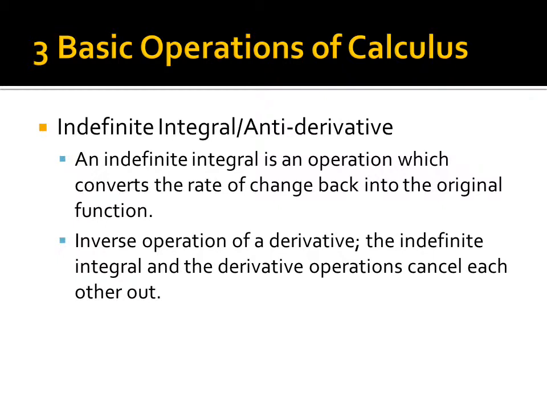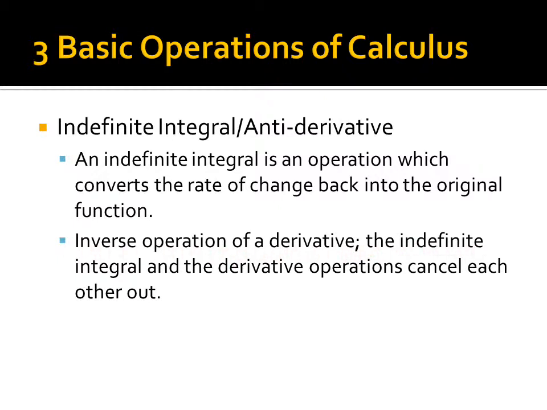So if a derivative had an input as a function and an output as the rate of change, an indefinite integral does the opposite. An indefinite integral is an operation which converts the rate of change back into the original function. You can think of it as the inverse operation of a derivative.